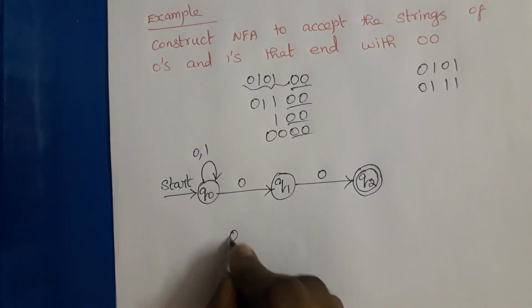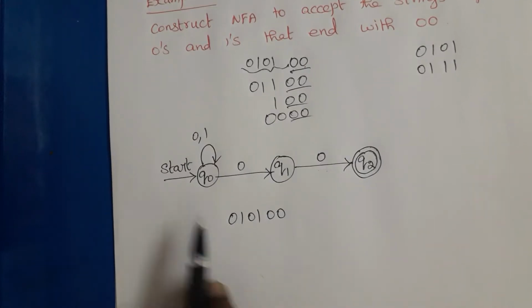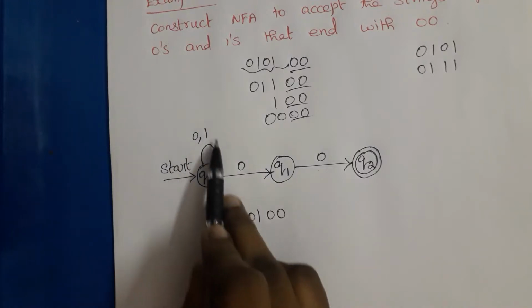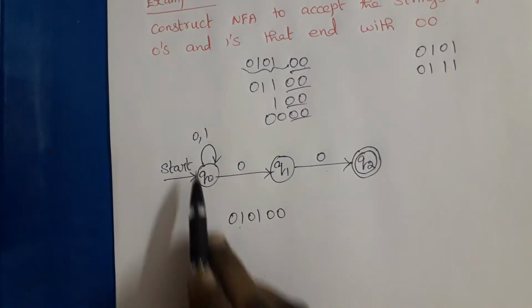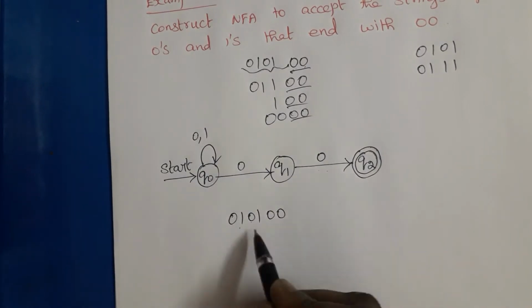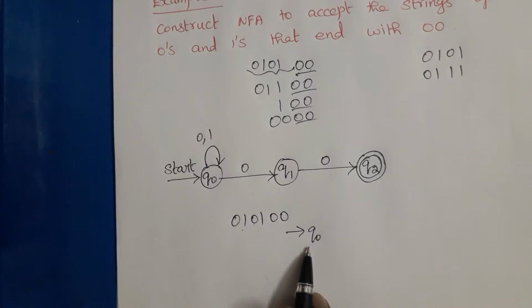Here we can take 0, 1, 0, 1, 0, 0. For the first 0, it may be in the same state, Q naught. For the 1, again it may be in the same state. For the 0 also it may be in Q naught, then 1, 0, 0. For all symbols it may be in Q naught, but this is not a final state.